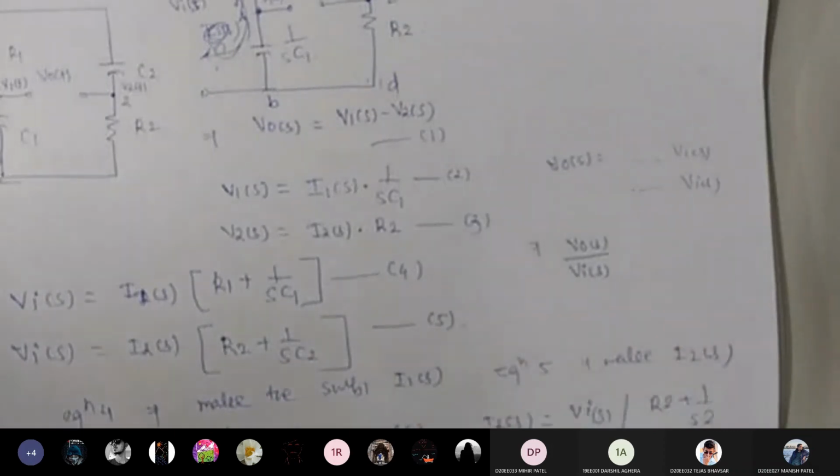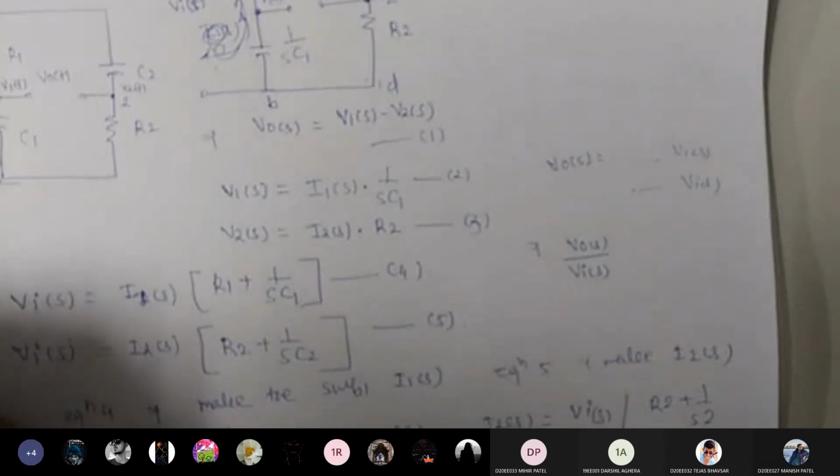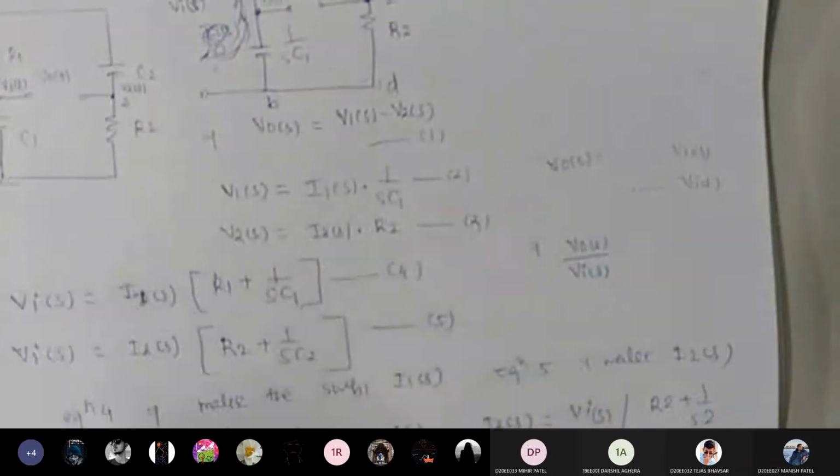Finally, convert your answer into V output of S upon V input of S. Done. If you try, you will be able to know how you can do these things. Okay, it will get done. Yes, sir.